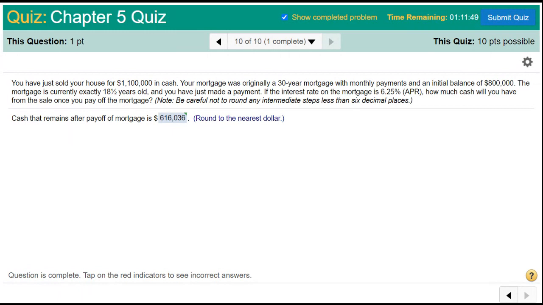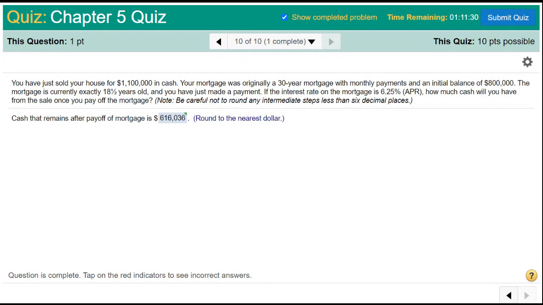So that's what we need to calculate. Remember now, you lived there for 222 months and your original loan was for 360, but you've paid 222. So you owe 138, right?